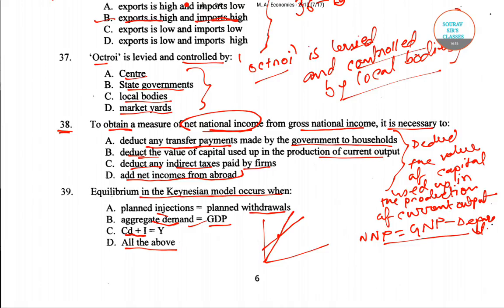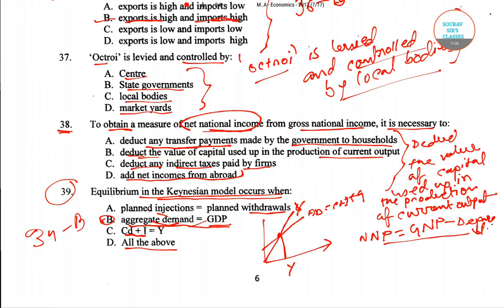We get the 45-degree line, which is the GDP, and this is the aggregate demand curve, which is C plus I plus G. When they intersect with each other, we have found the equilibrium level of income, output and employment. So we say equilibrium in the Keynesian model occurs when aggregate demand is equal to GDP. So for question number 39, the right option would be option B.